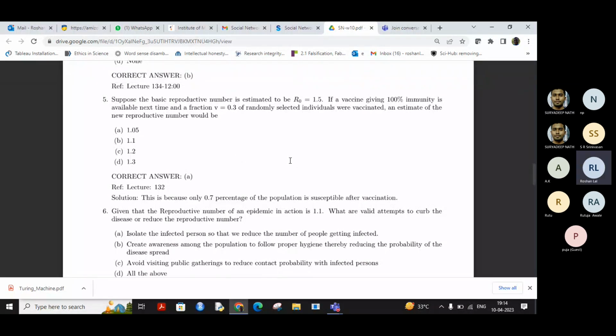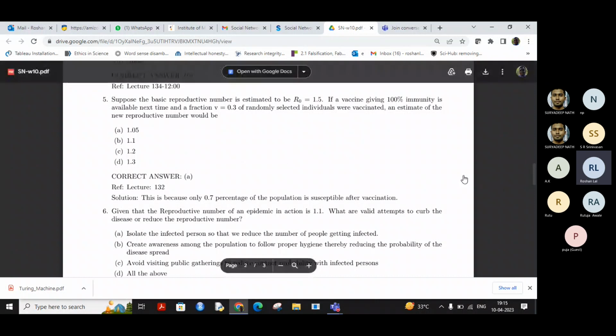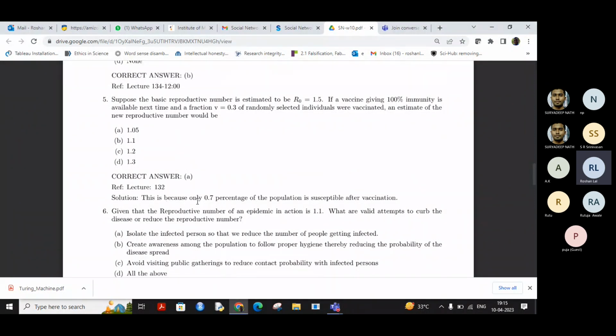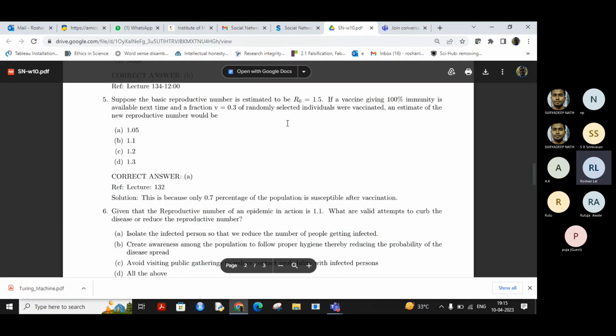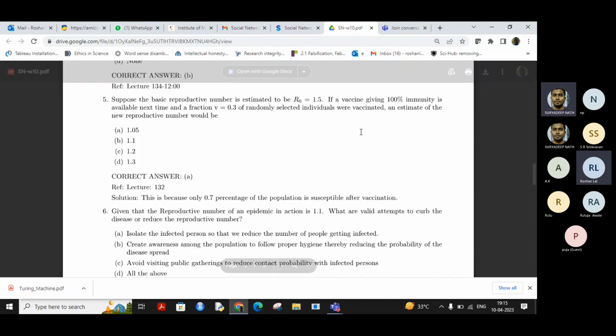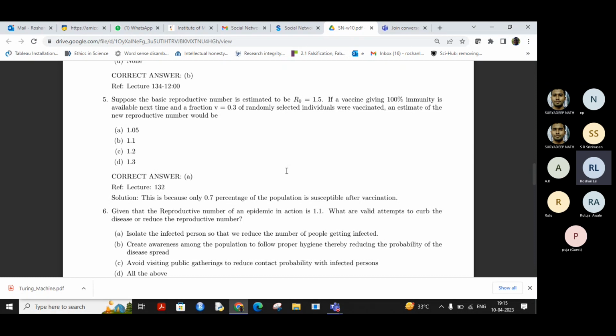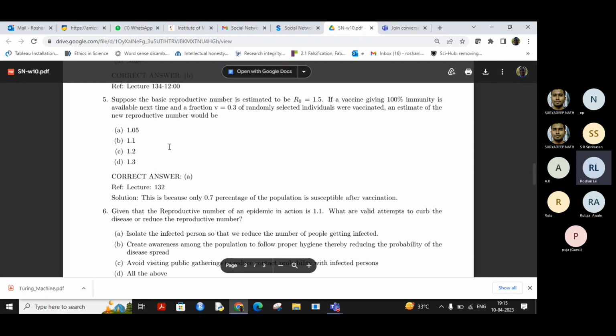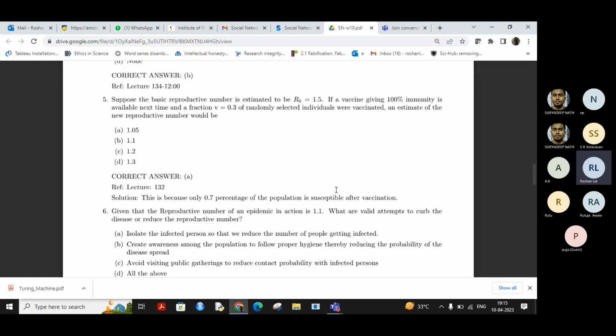They are solving this question by using the probability of the fraction, meaning vaccinated and unvaccinated: 0.3 vaccinated and 0.7 unvaccinated people. Then they multiply 1.5 into 0.7, and we are getting the answer 1.05, sir.